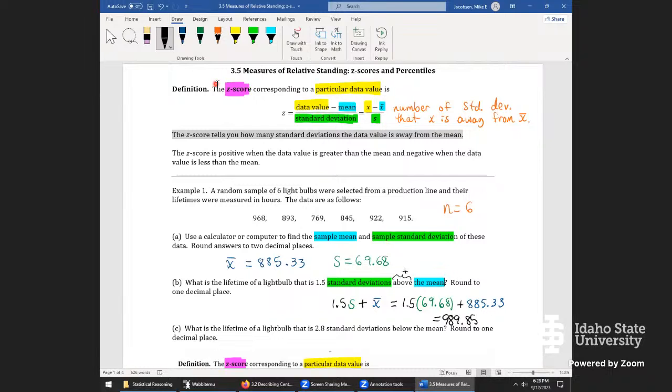These all have units. These were run times in hours. And so this would be in hours as well. So now what part B is saying is, if you have a light bulb that lasted 1.5 standard deviations above the mean, then its runtime would be 989 hours. Well, almost 990 altogether.